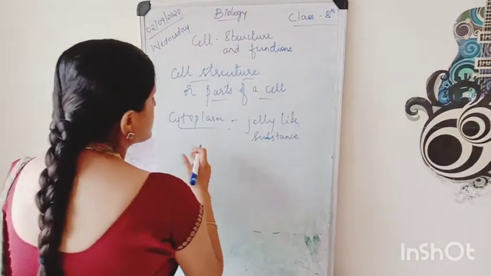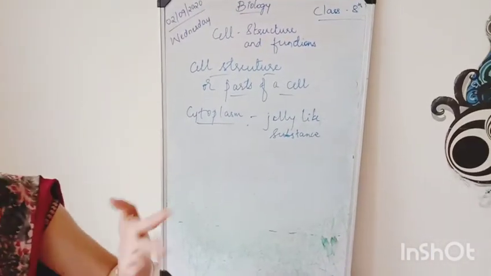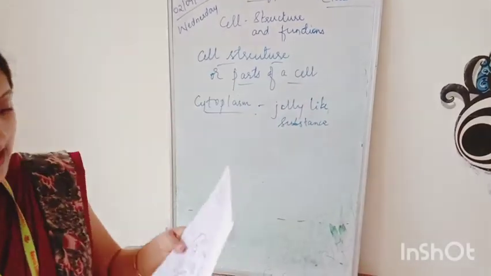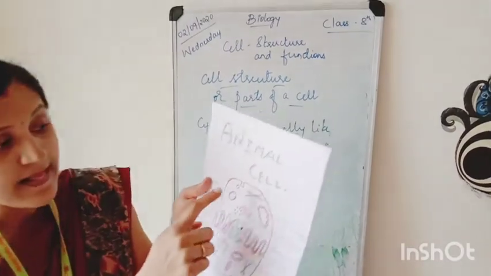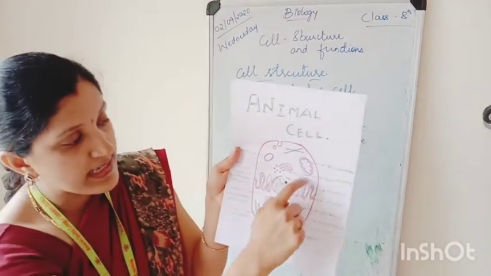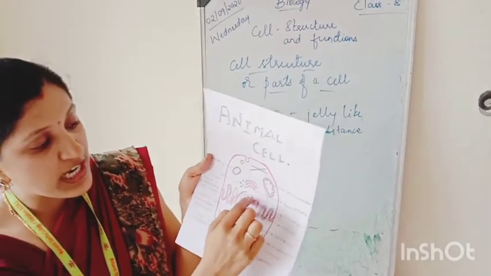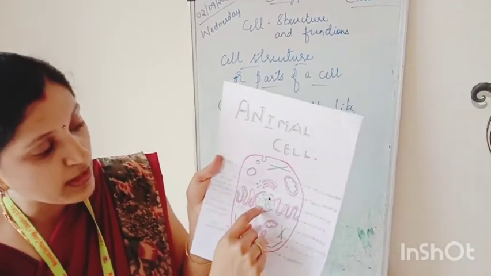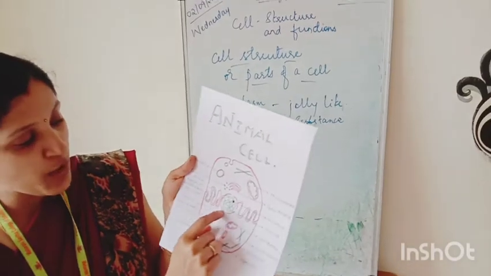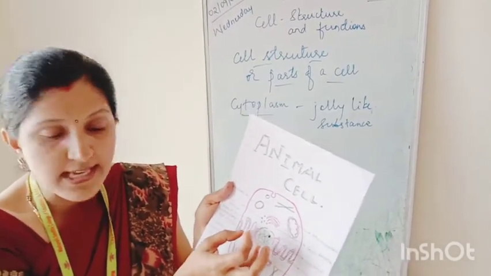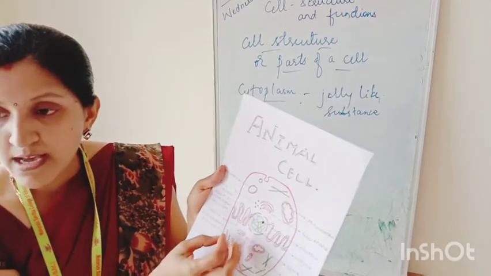The main function of the cytoplasm is exchange of materials from the nucleus to the cell membrane. Here we can see the cell membrane, the cytoplasm, and then the nucleus. Exchange of materials occurs between the nucleus and the cytoplasm. Certain things move from the cytoplasm to the nucleus and from the nucleus back to the cytoplasm.